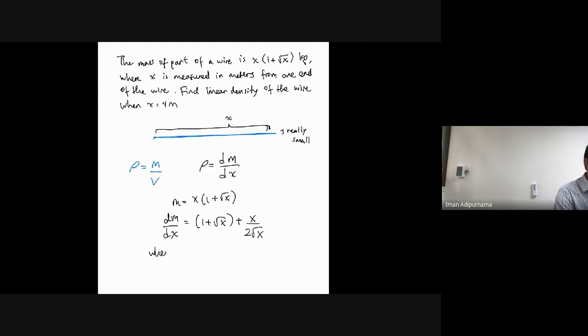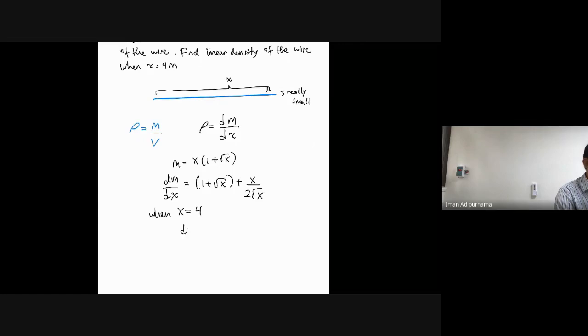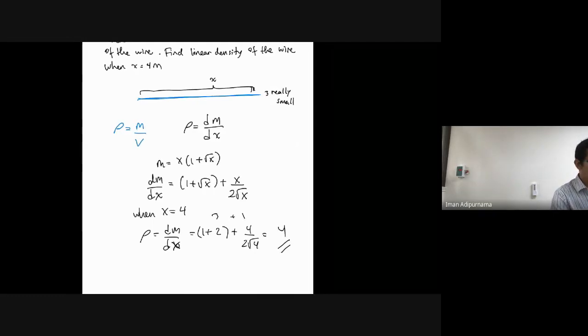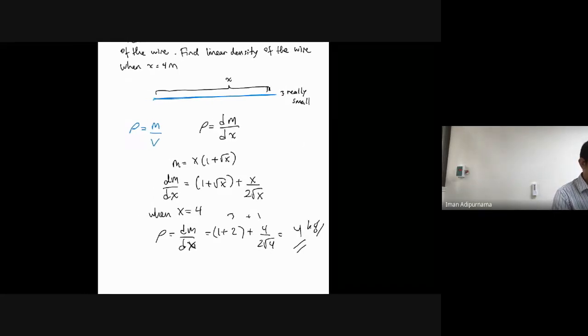And then when x is 4, dm over dx, this is the density, the linear density, is 1 plus 2 plus 4, to 4, so 3 plus 1. So it's 4 kilograms per meter. So linear density means the density over just the length.